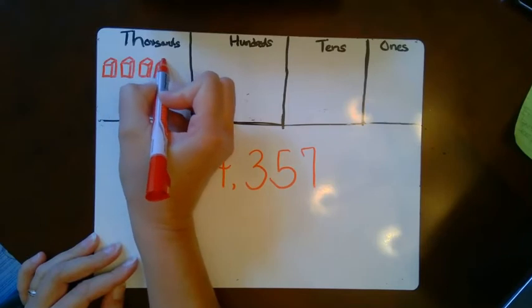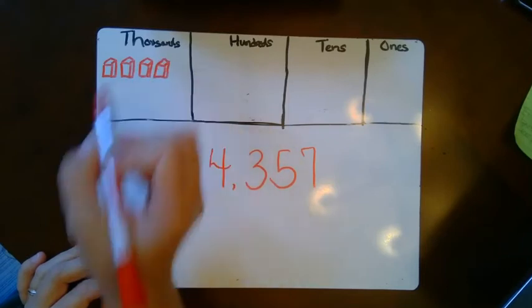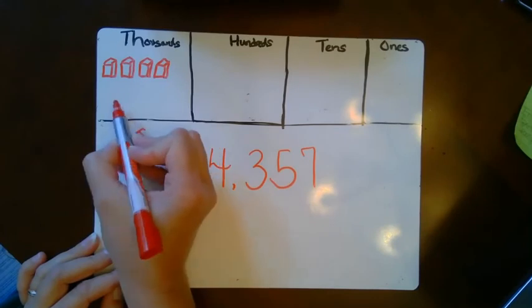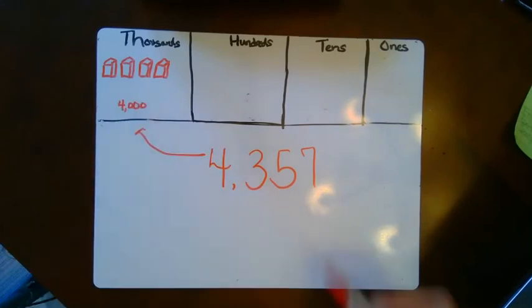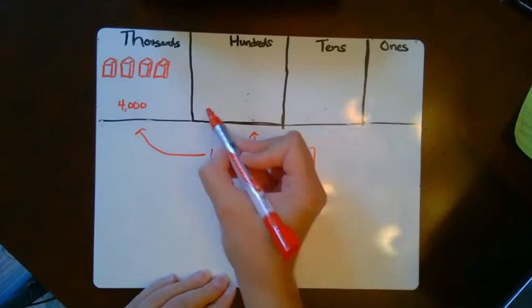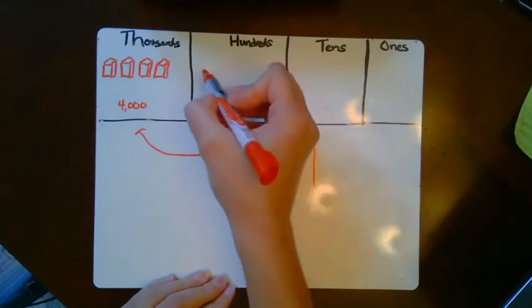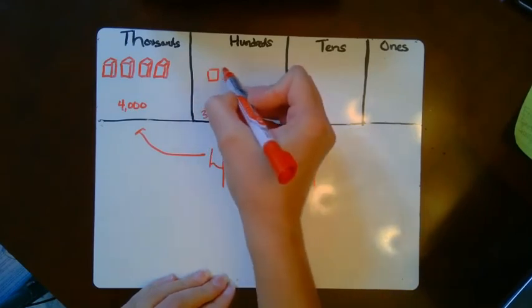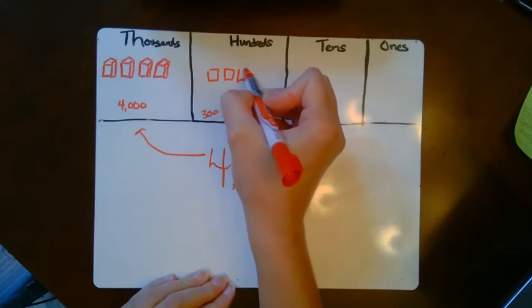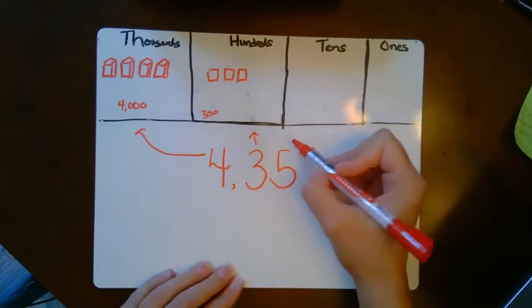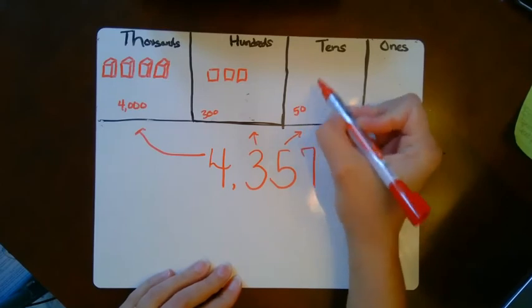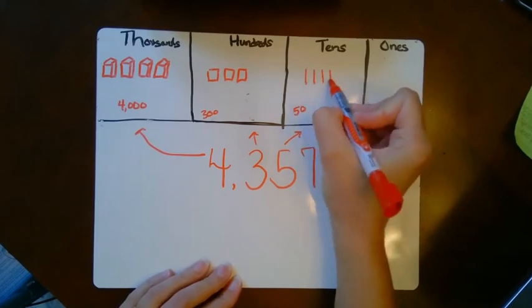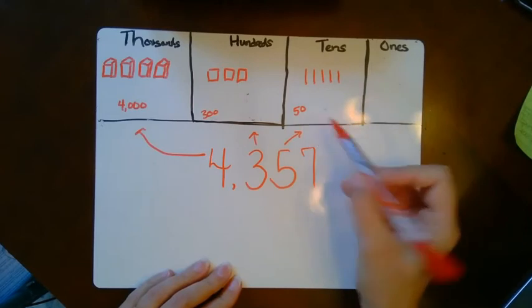I drew 4 in my thousands place because that 4 is equivalent to the value of 4,000. I'm going to draw 3 hundreds flats because I have a value of 300 in my hundreds place. For my tens, I'm going to draw 5 tens rods because it's equal to 50.